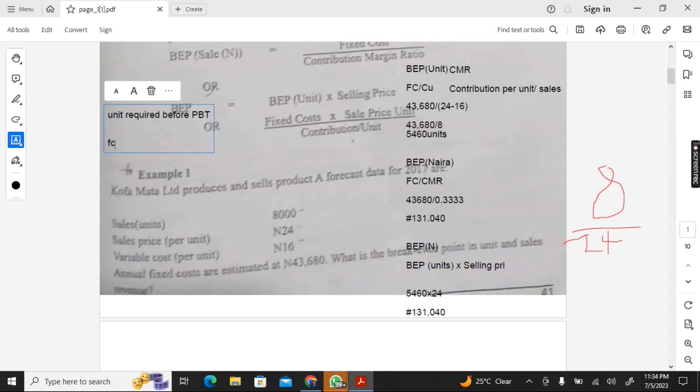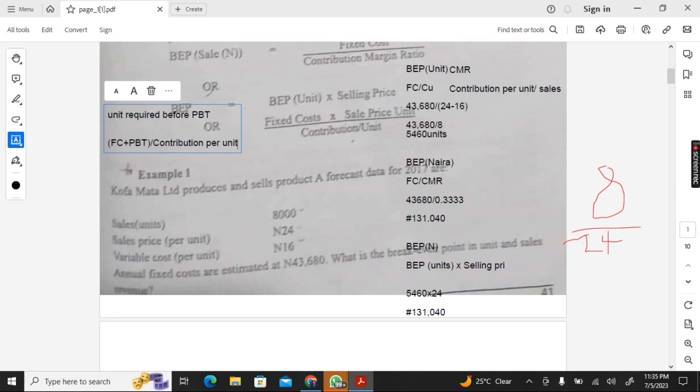We have fixed cost plus profit before tax, divided by contribution per unit.